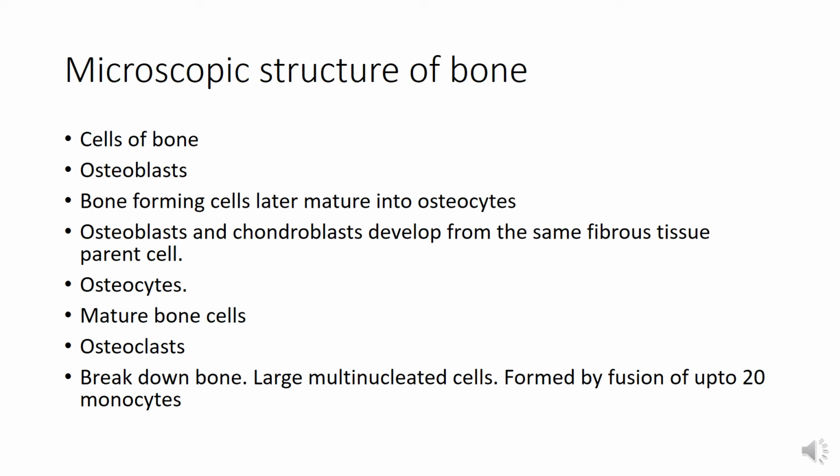Osteoclasts break down bone, and they are large multinucleated cells made up of the fusion of up to 20 monocytes. A fine balance of osteoblast and osteoclast activity maintains the normal bone structure and function.